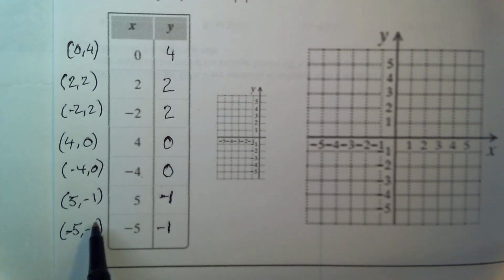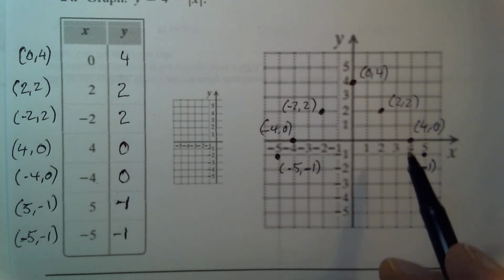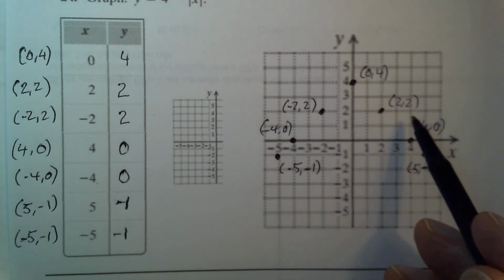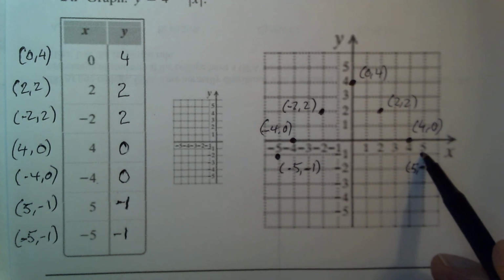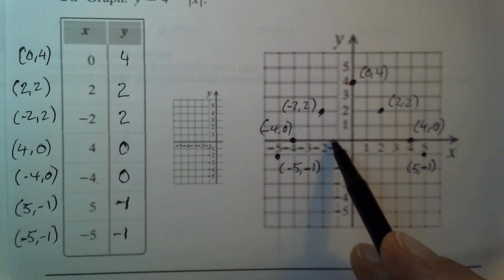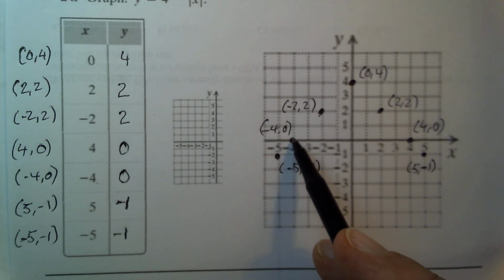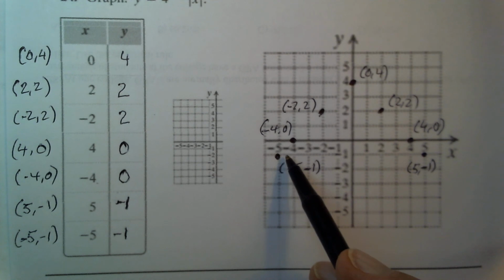So let's plot these ordered pairs on the coordinate system. Here we've plotted the points 0, 4; 2, 2; 4, 0; and 5, minus 1. And here we have minus 2, 2. Here we have minus 4, 0 on the x-axis, and minus 5, minus 1.